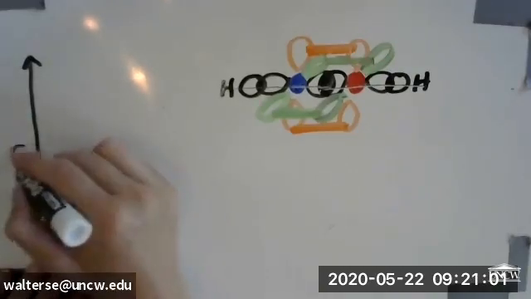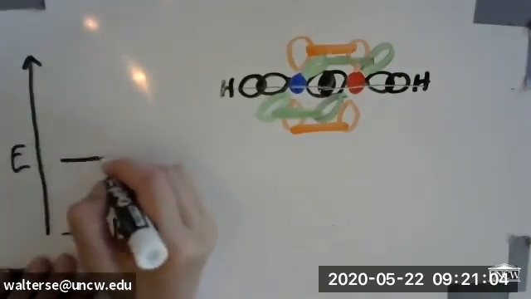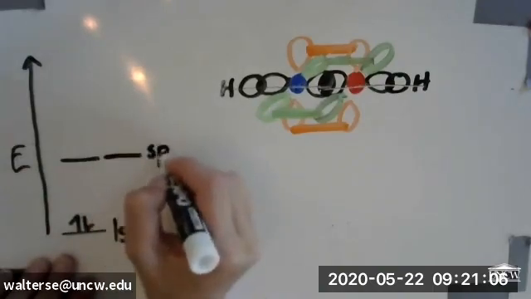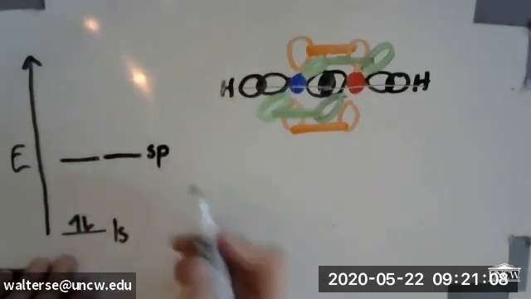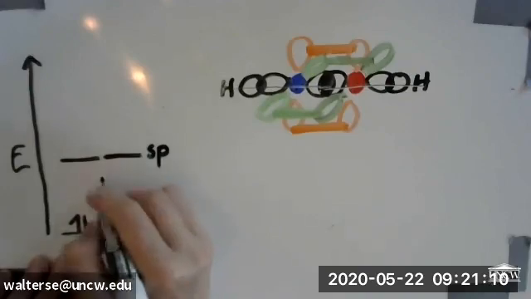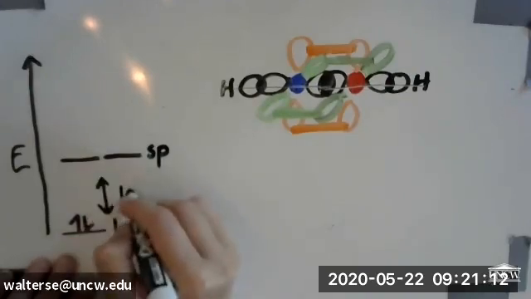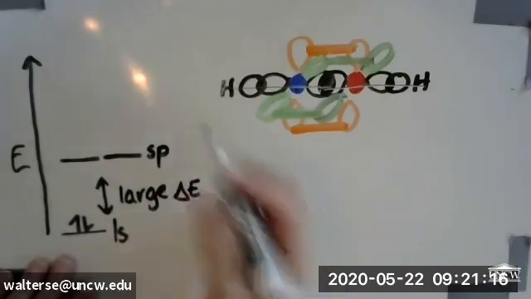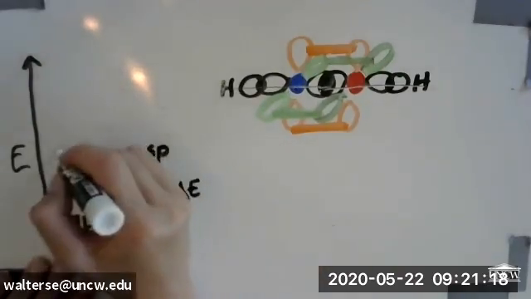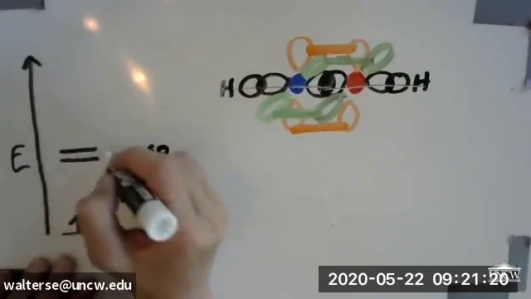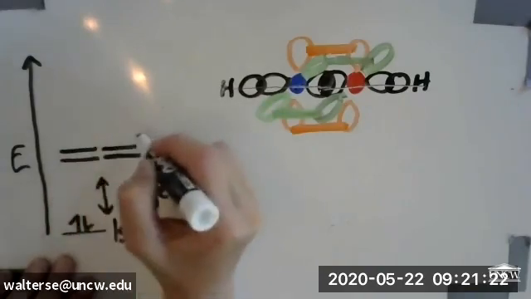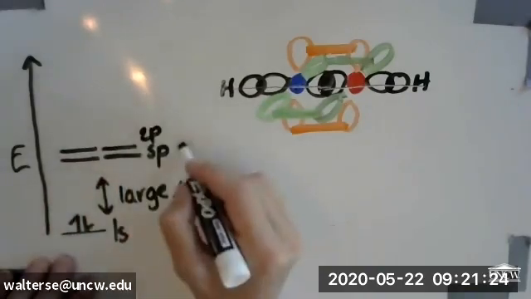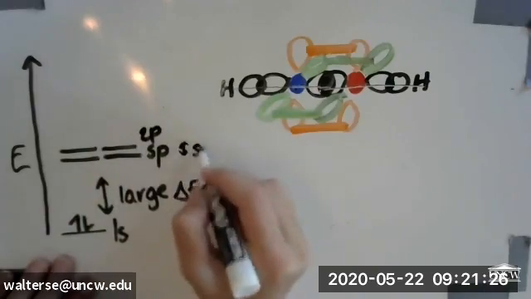And then a little higher in energy are the sp sets. So this you would say is large. This is a large difference in energy. The 2p orbitals are right here, so this difference is very small.